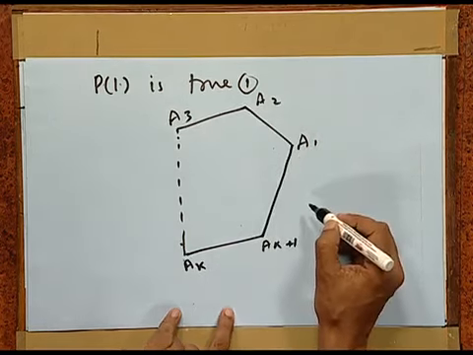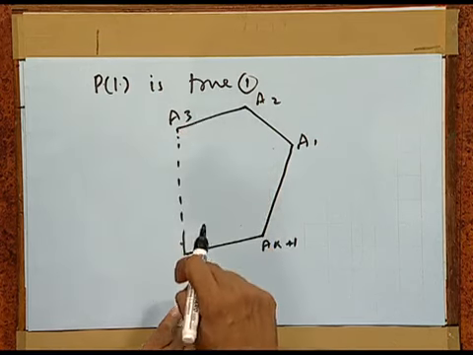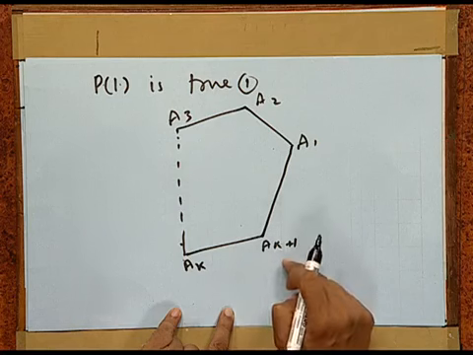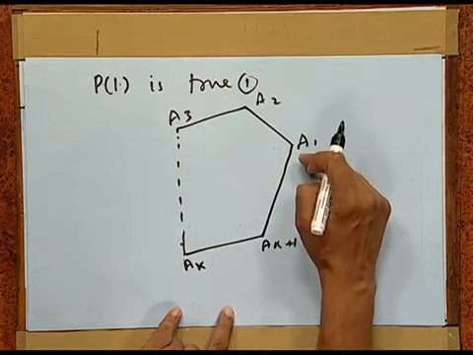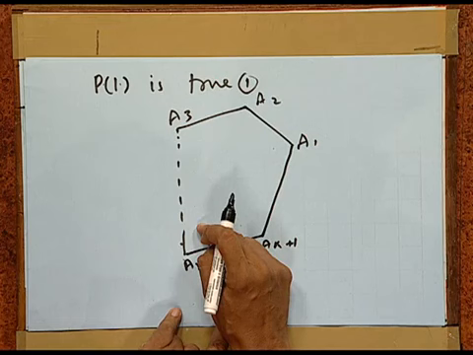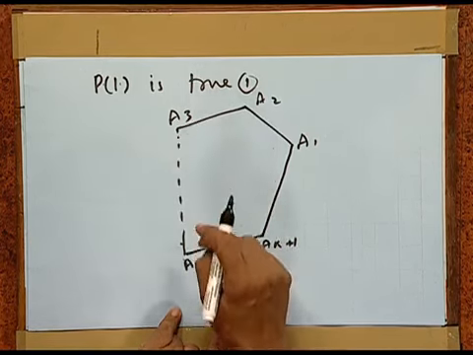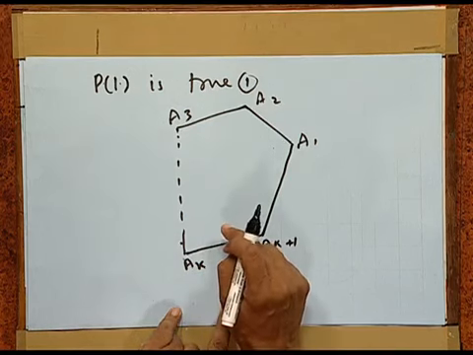So, before us we have a polygon having k plus 1 sides, namely A1, A2, A3 and so on up to Ak, then Ak plus 1 and Ak plus 1 A1. Here the dotted lines indicate the missing sides, which cannot be shown in a diagram. In fact, this dotted line indicates the sides A3, A4 and so on up to Ak minus 1, Ak.